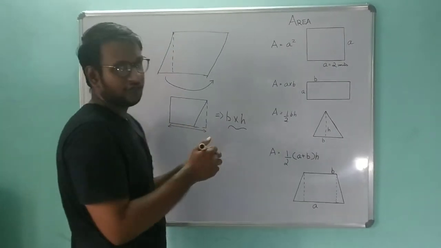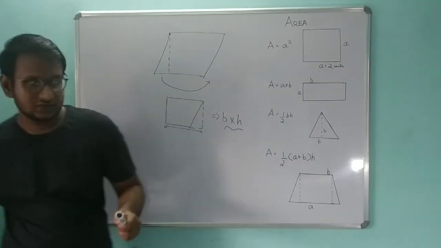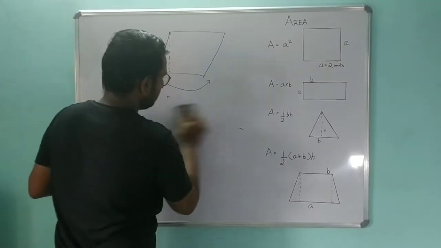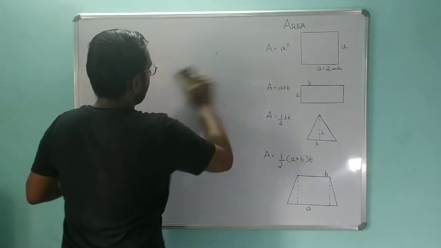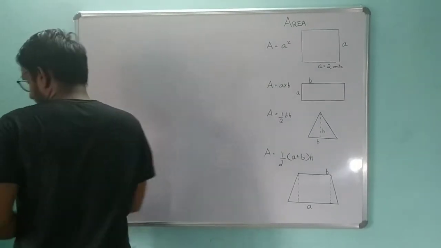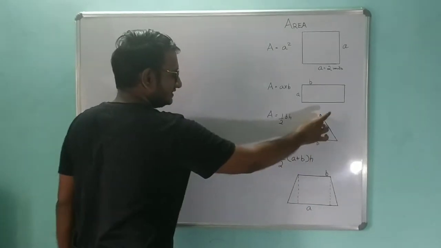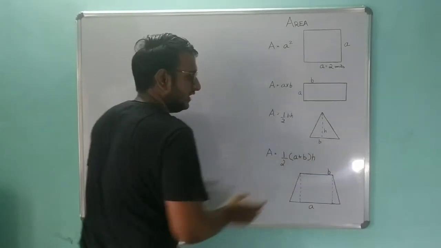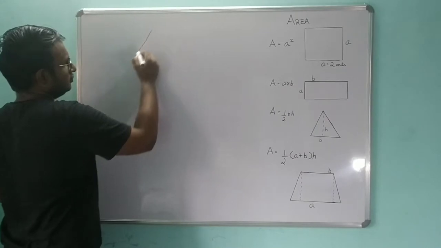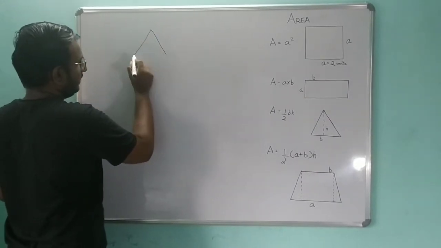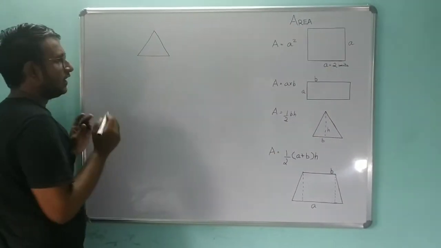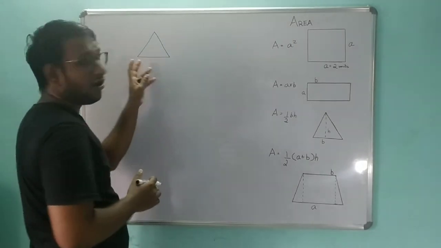The same goes for the area of a triangle as well. The area of a triangle is half of breadth into height. We know this is the height and this is the breadth. So I will just draw a triangle like this, and I want to find the area formula of this triangle.